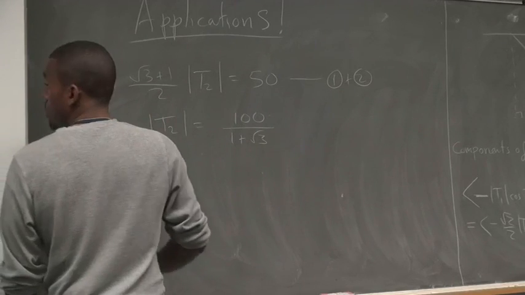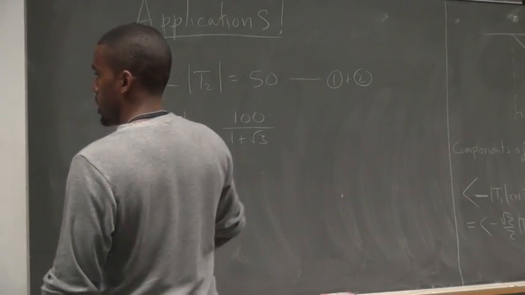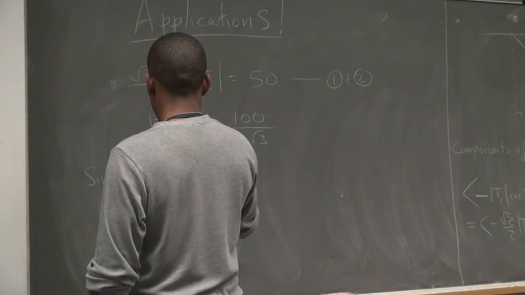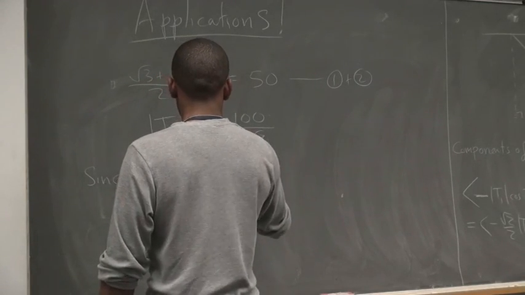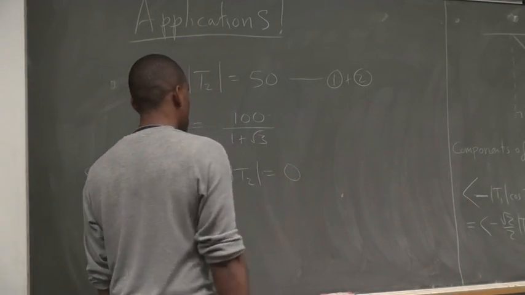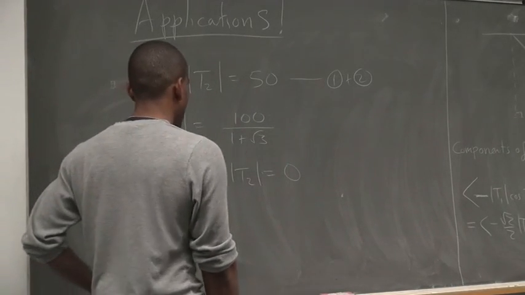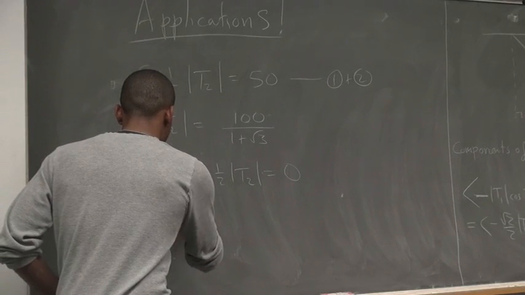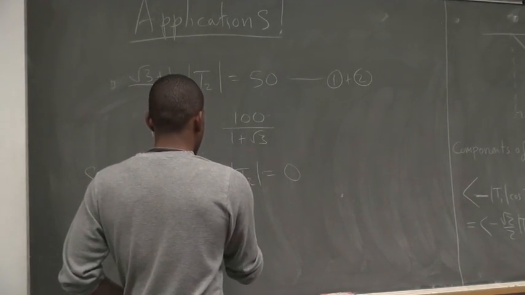Since I also know now that minus radical 2 over 2 T1 plus a half T2 is equal to 0, this means if I know this, I can just plug it in. Plus a half of that.